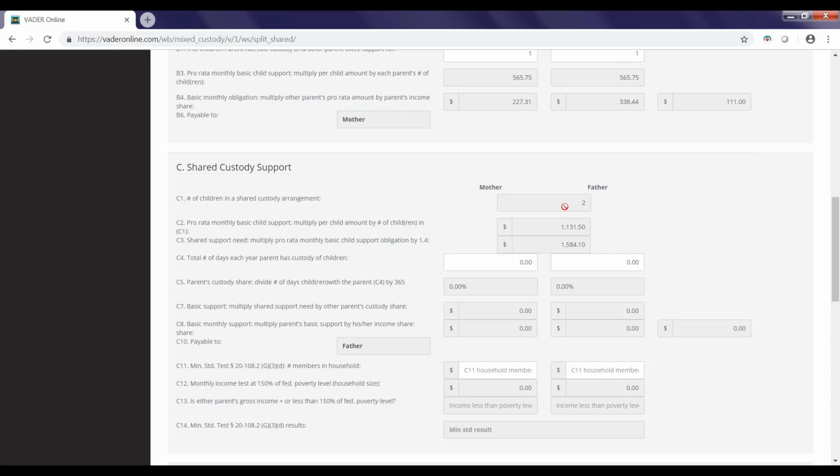Now, in this particular example, we can't really calculate a scenario where mom and dad share the children, but for different days. That's a hole in the statute.